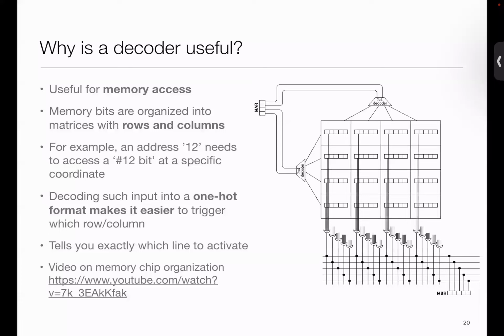So I will need 38 bits. So I have memories which have a really large number of address bits. And even if I do this row column game, I have 2 to the power 19 rows and 2 to the power 19 columns. So decoders inside memory chips can be really gigantic. Not like our 2 to 4, 3 to 8, much bigger. So that's one place decoders are used.